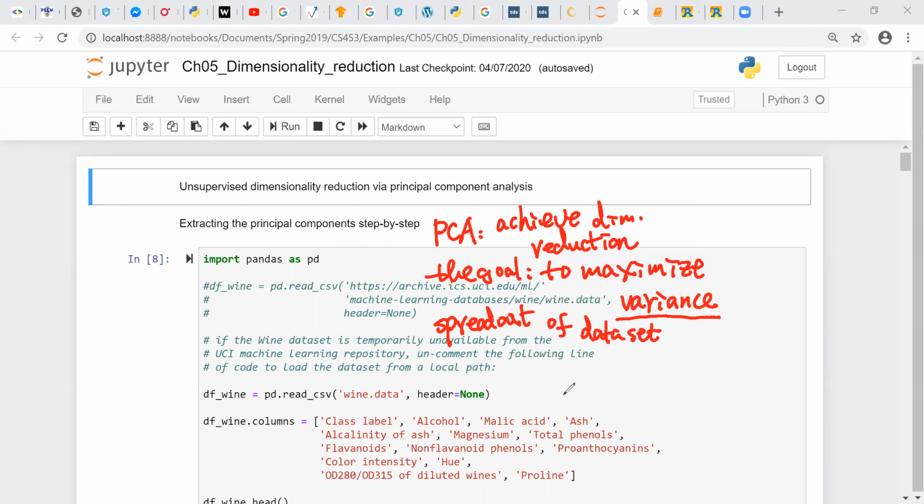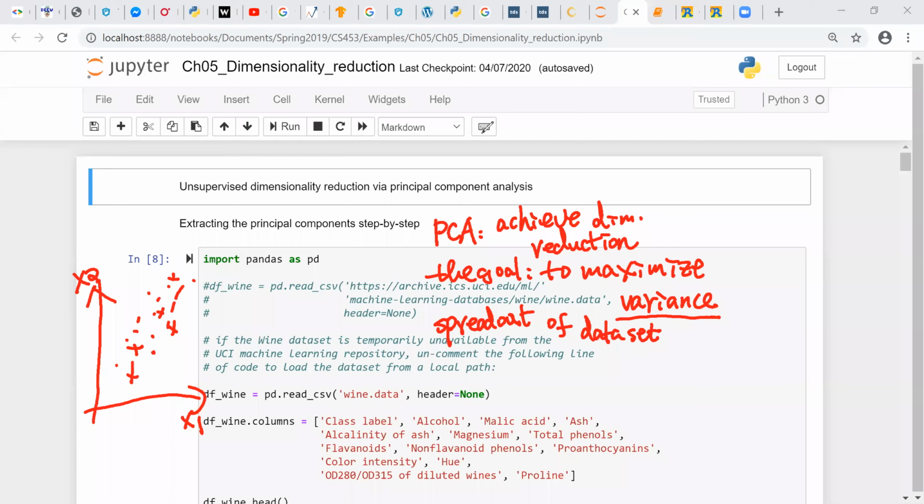And the goal is, because you remember, initially, suppose this is the feature, and you have data, maybe something like this. I didn't draw very well.